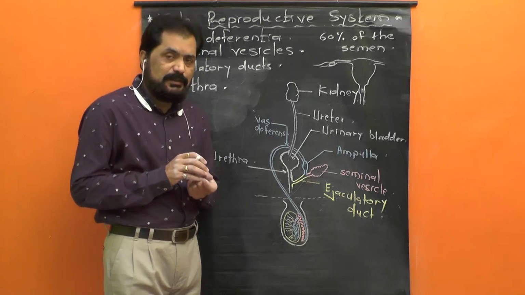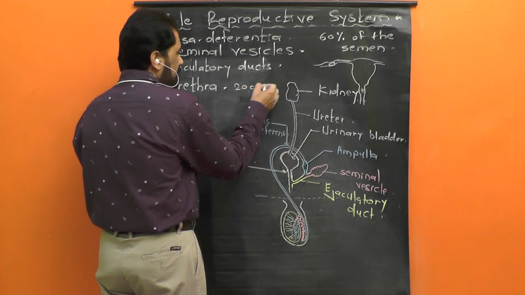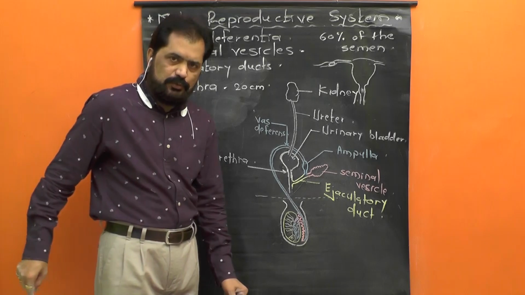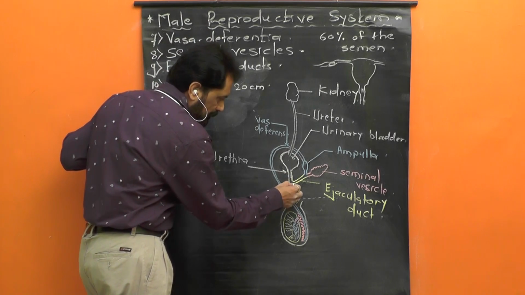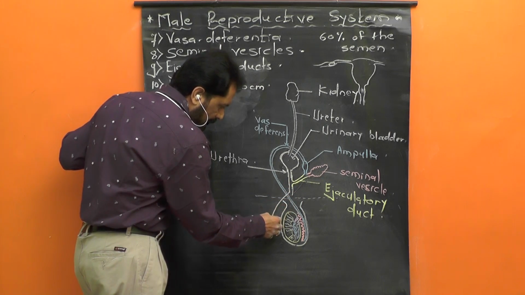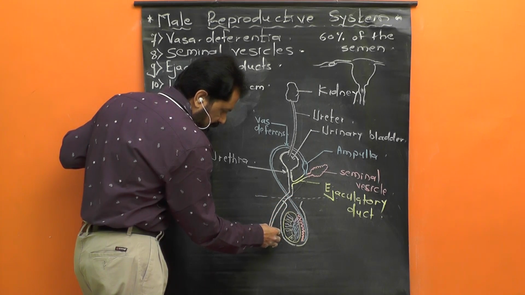The length of the urethra in male is about 20 centimeter. Look, I am going to show it here in the diagram. Here I have shown the complete urethra.